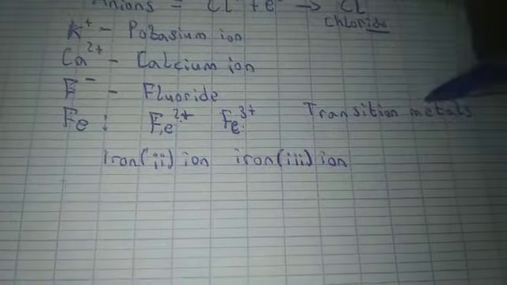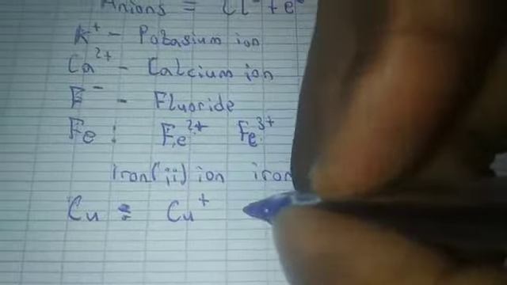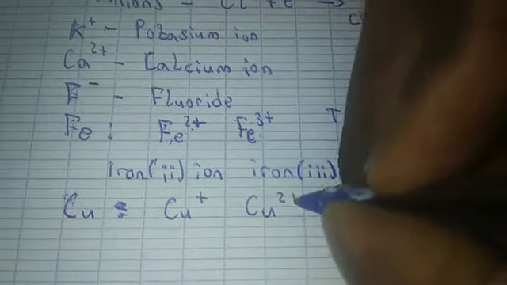So let's try with another transition metal, like copper. I know copper has a 1 plus oxidation state and a 2 plus.